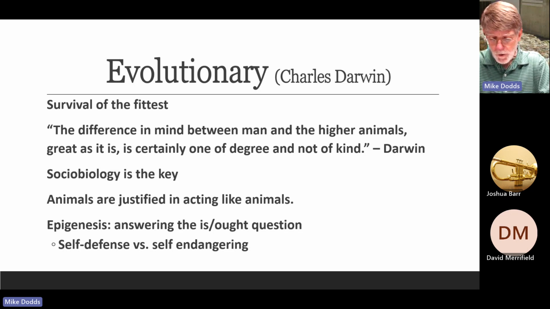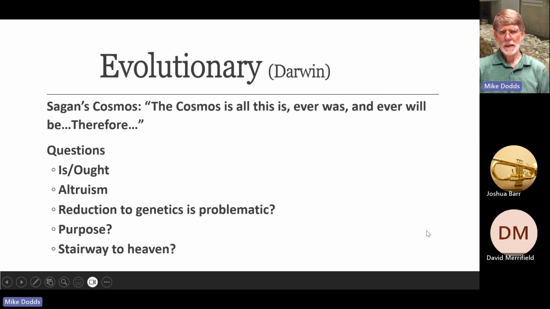Epigenesis and internal, the genes desire survival, the survival of the fittest. The natural properties are innate in us. We're genetically programmed in a certain way. Carl Sagan's comment in the book Cosmos that he wrote: the cosmos is all it is, ever was, and ever will be.